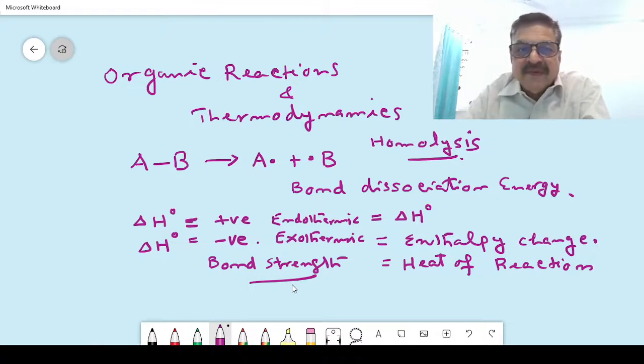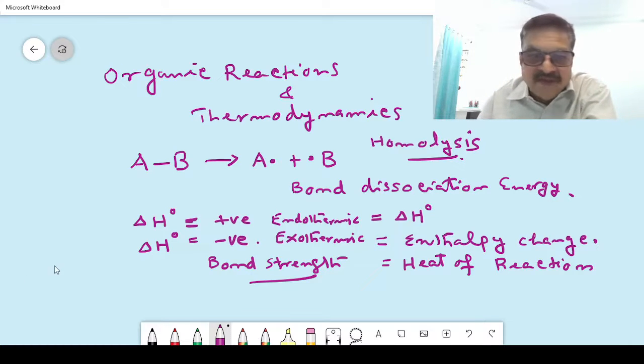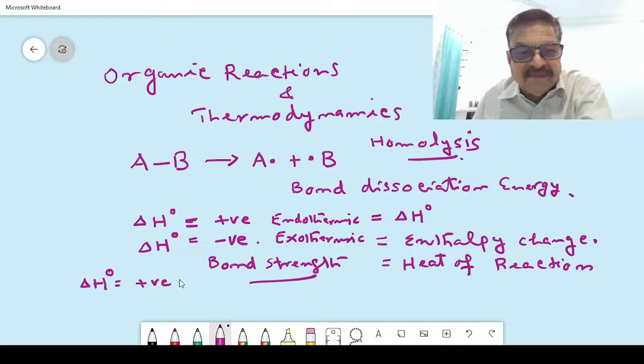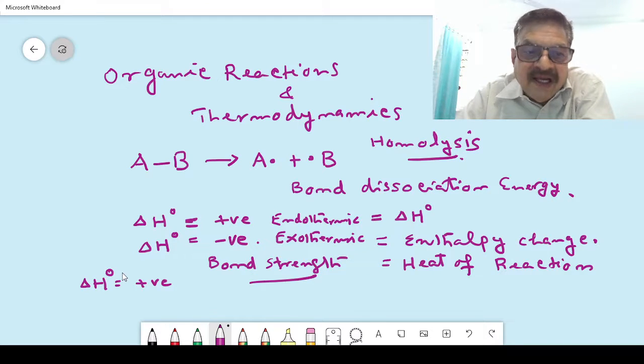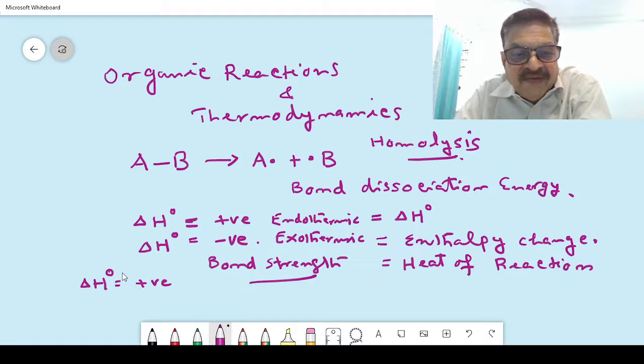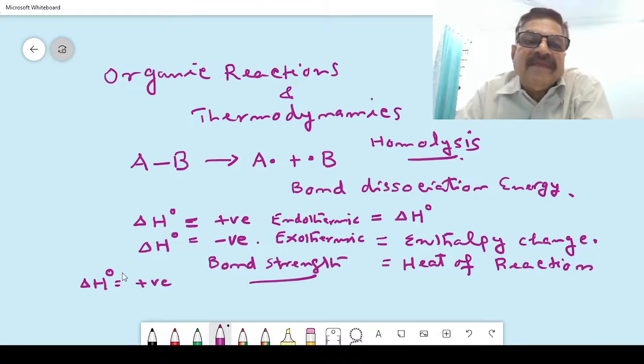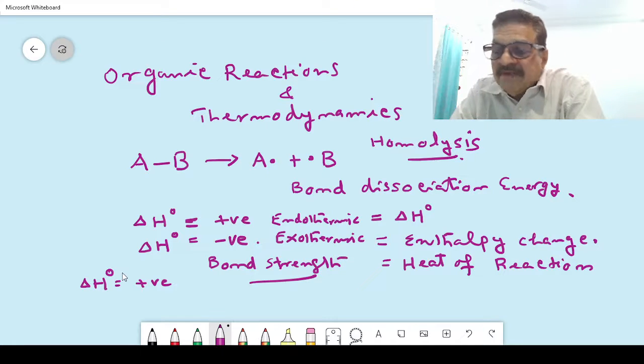Now, overall delta H: if delta H is positive, what does it mean? Let us analyze it fully. Delta H positive in the overall reaction means more energy is needed to break the bonds than the energy released during the formation of the bonds.